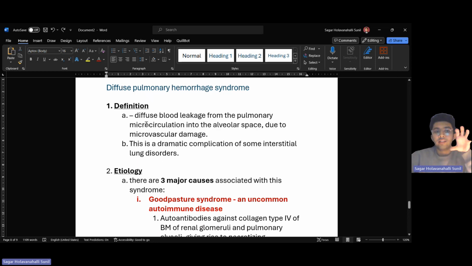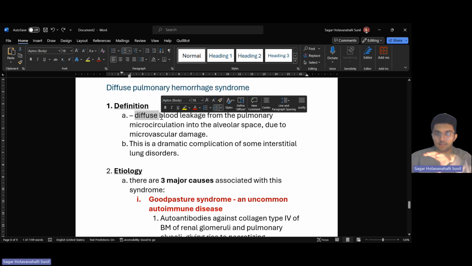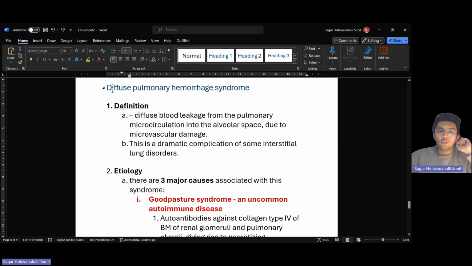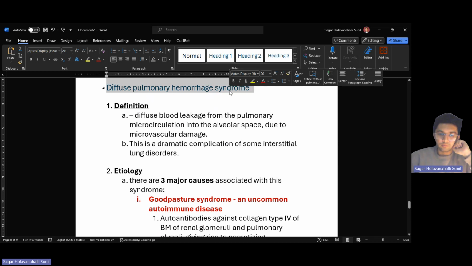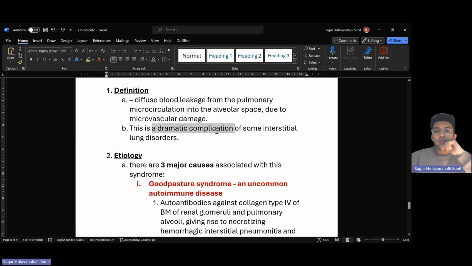So when this situation is diffuse in a large part of the lung or in a huge lobe, this is called a diffuse pulmonary hemorrhage syndrome, okay. It's a dramatic complication of some interstitial lung disorders.